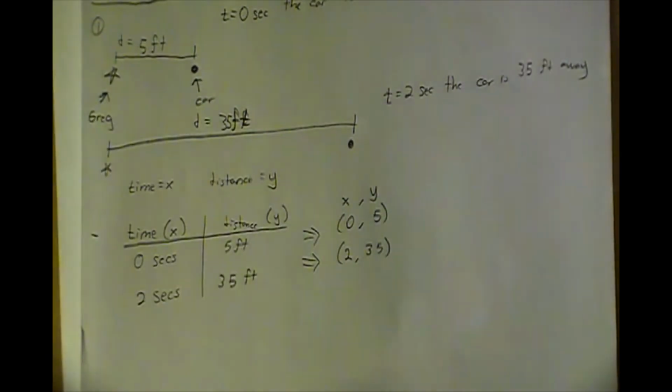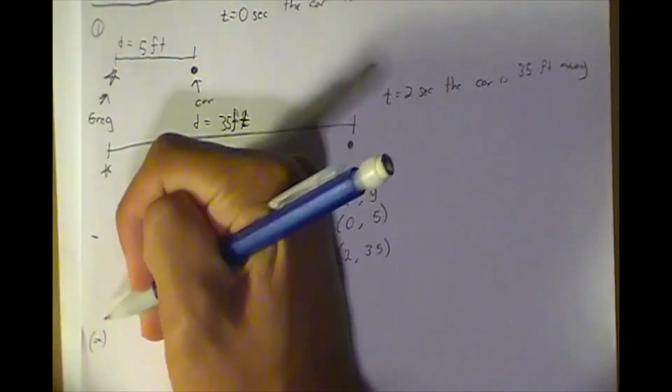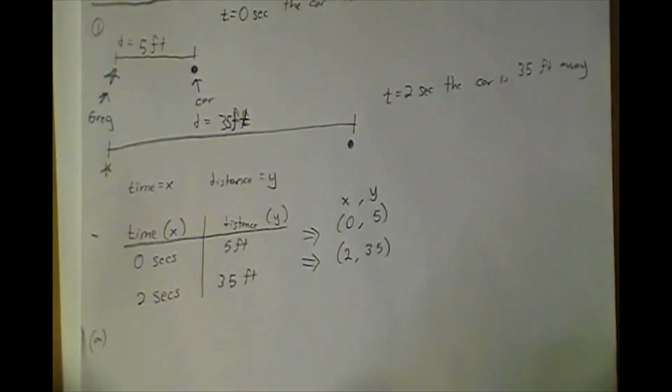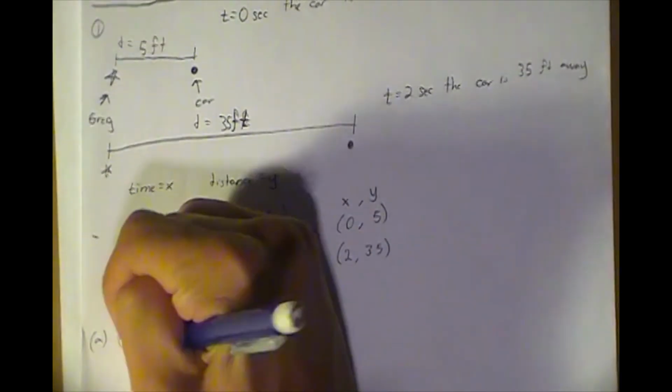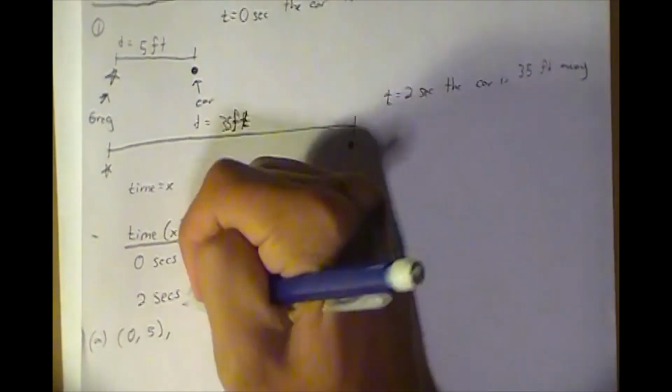Okay, cool. So let's get to solving the actual problem. It says write a linear equation to find the distance d of the car from Greg. I like to focus on the first part of this. It says write a linear equation. Well, where else have we seen writing a linear equation using only 2 points?